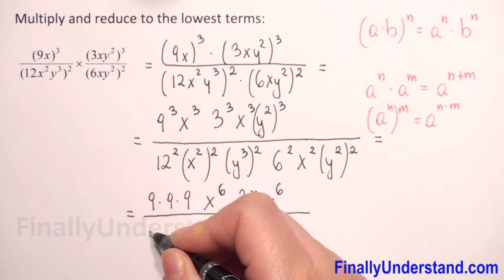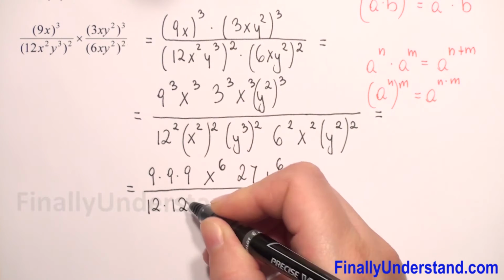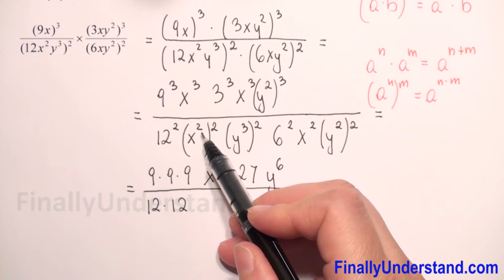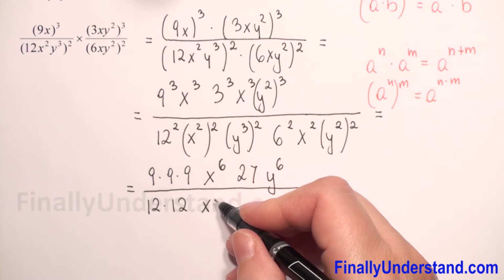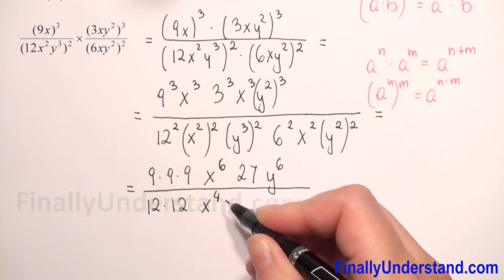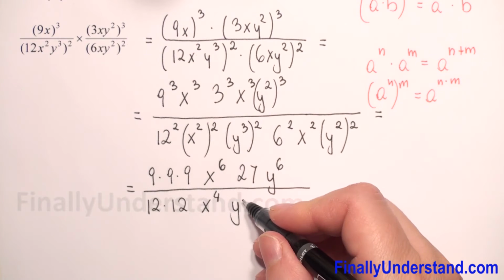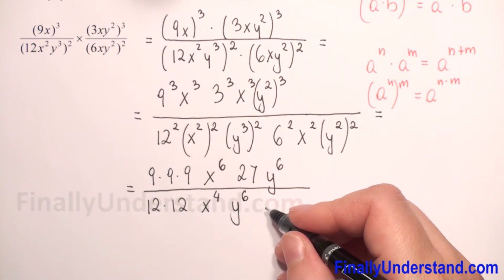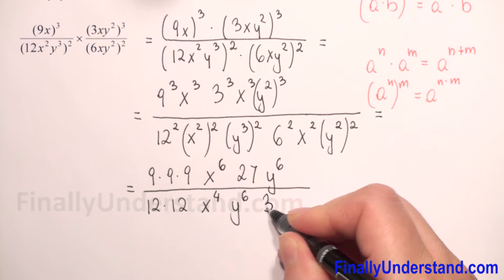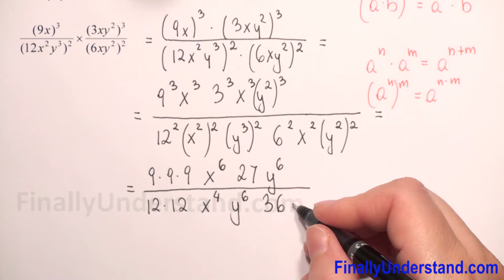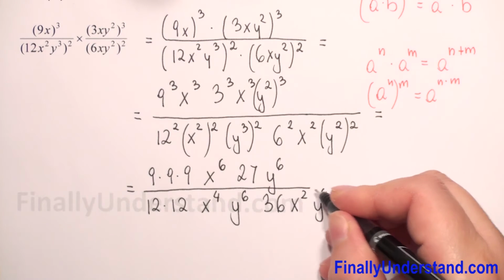So I will rewrite that this is 12 times 12, and we have x to second power, so we copy the base and we have to multiply exponents. 2 times 2 is 4. Next we have y, and we have third power to second, so it will be 3 times 2 is 6. 6 to second power, so this is 36, and we have x squared, y to power 2 times 2 is 4.